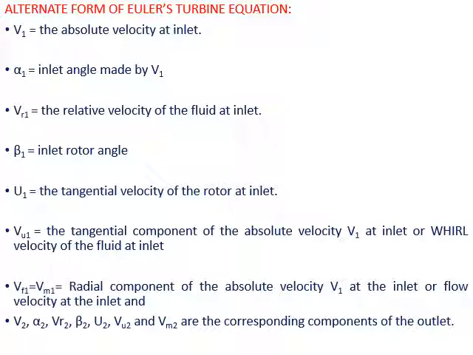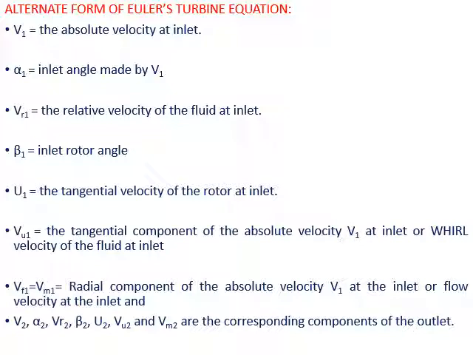Vf1 is equal to Vm1, the radial component of the absolute velocity V1 at the inlet, or flow velocity at the inlet. Then V2, alpha 2, VR2, beta 2, U2, VU2 and VM2 are the corresponding components at the outlet.